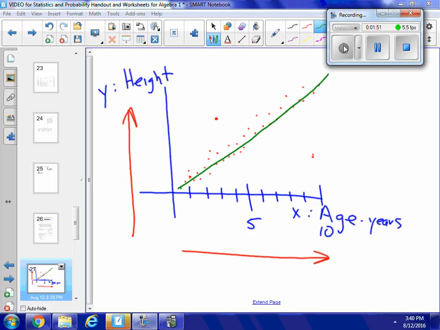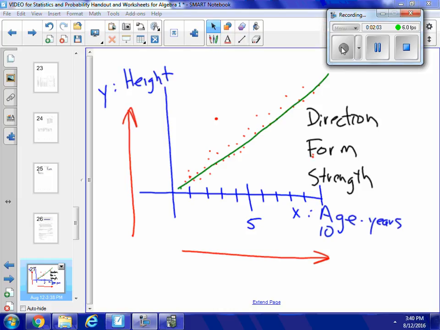And once we find that line, well, then we can describe the scatter plot, meaning all these little red dots, and we use three ways to describe it. We describe a scatter plot by talking about its direction, its form, and its strength. So direction, think about it just like from algebra, or pre-algebra for that matter.